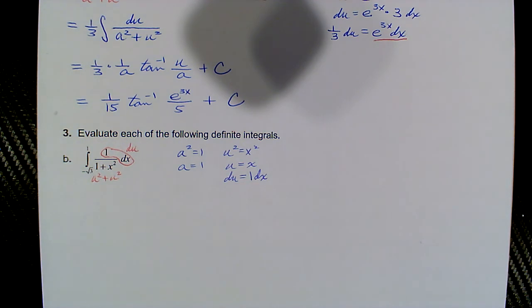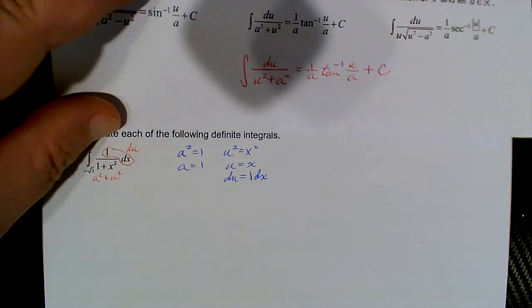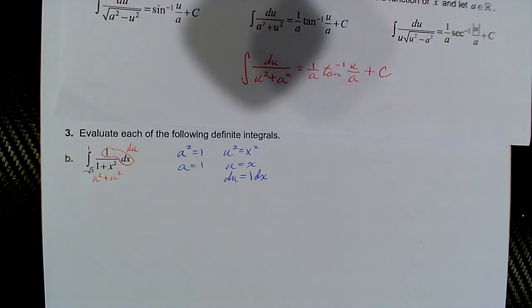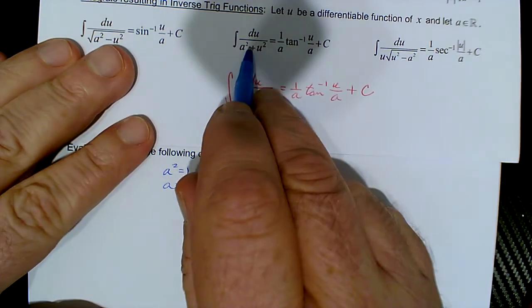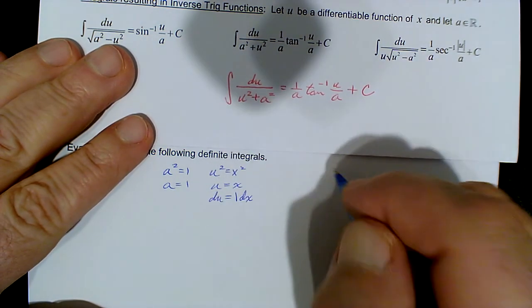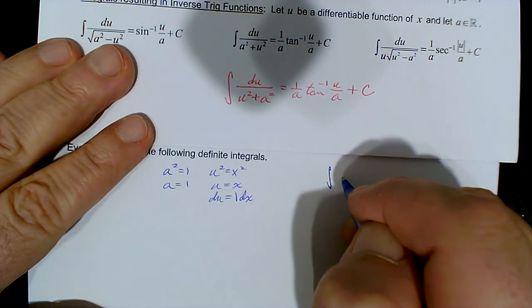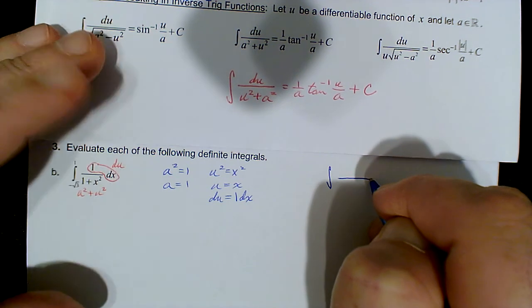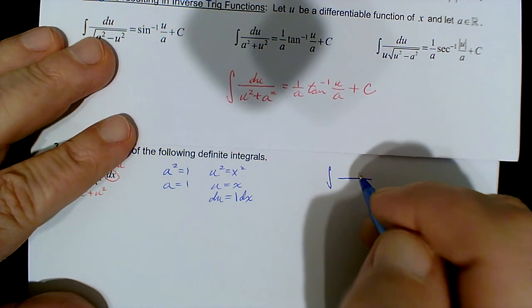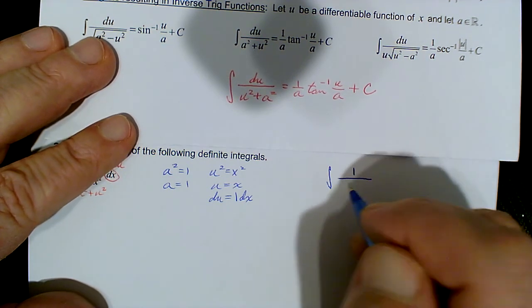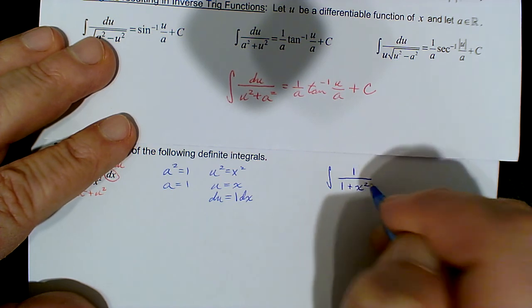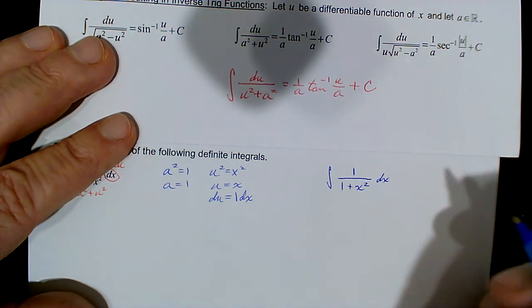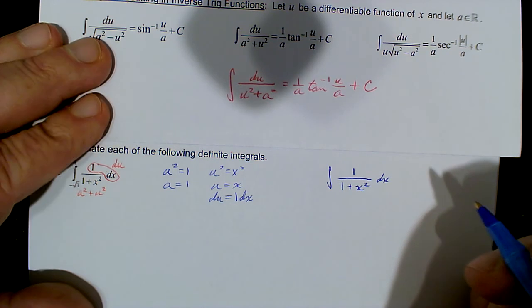So if you look at the formula sheet, we see that this form of du over a squared plus u squared, when a is 1 and when u is x, would take the form of 1 over 1 plus x squared.